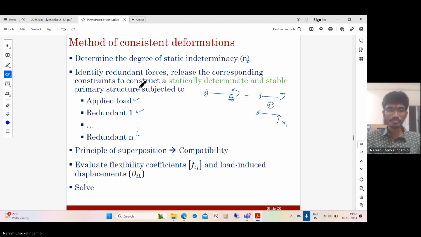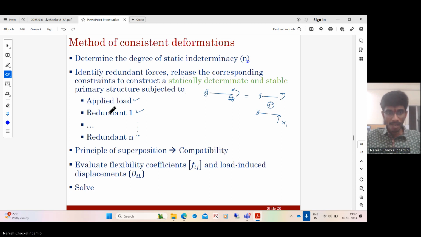Then identify a number of redundant forces equal to the degree of static indeterminacy. Remove the redundant forces, which can be a support or an internal force, and release the corresponding degrees of freedom, so that the resulting structure is statically determinate and also stable. This is called the primary structure.